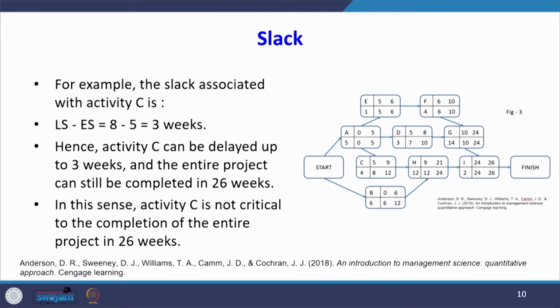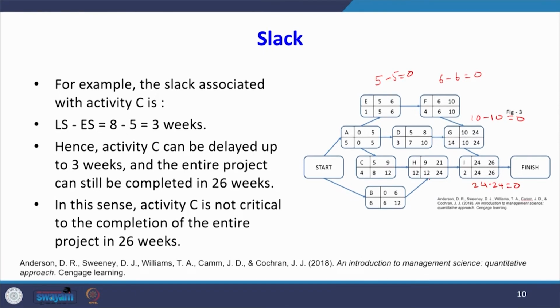Now, see, for each activity, for example, activity E, the latest start time 5 minus the earliest start time 5 is 0. For activity F, it is 6 minus 6 equal to 0. Activity G, 10 minus 10 equal to 0. Activity I, 24 minus 24 equal to 0.